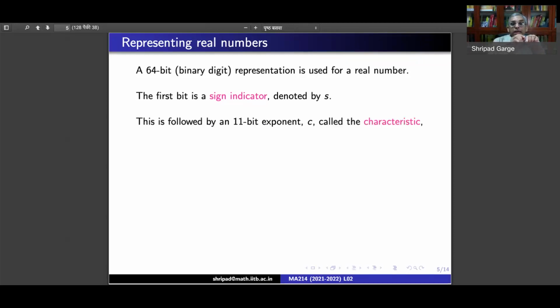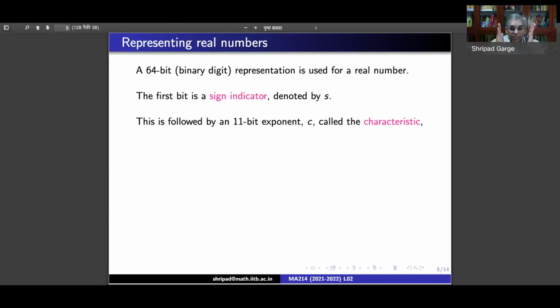Then there are 11 bits, and they give you the exponent. The exponent is denoted by the symbol C, and we call it the characteristic. So remember, there are 64 bits. Out of those 64 bits, the first bit gives you the sign. So there are now 63 remaining bits.